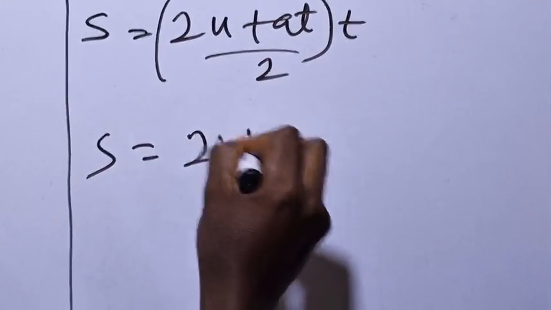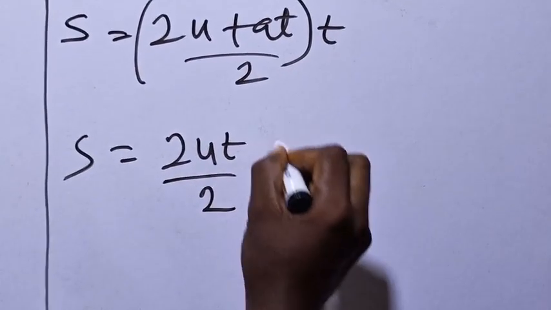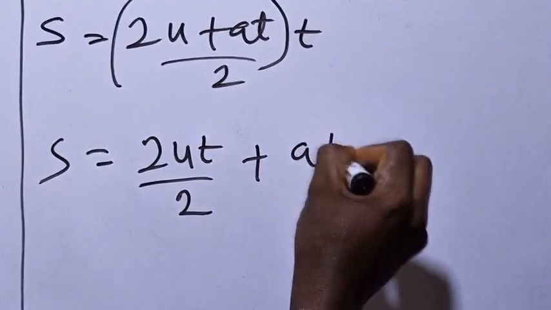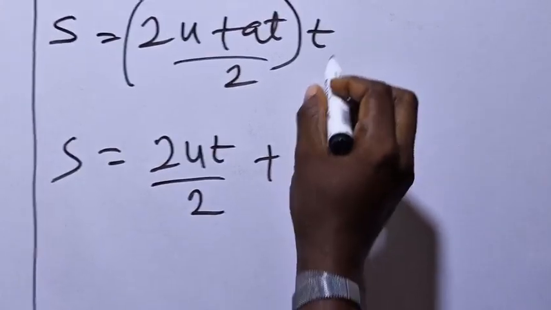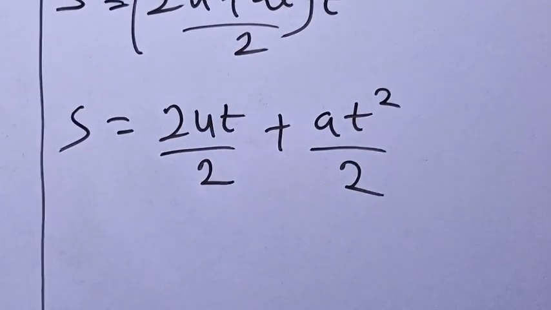We have 2ut divided by 2 plus at square divided by 2.